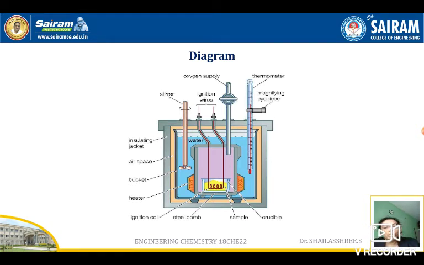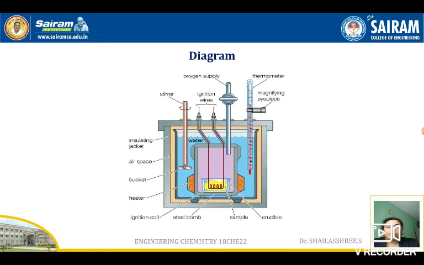The stainless steel bomb will have a supply of oxygen. An oxygen valve will be there, because combustion takes place only in presence of air or oxygen. This setup is completely covered by a copper apparatus called a calorimeter.